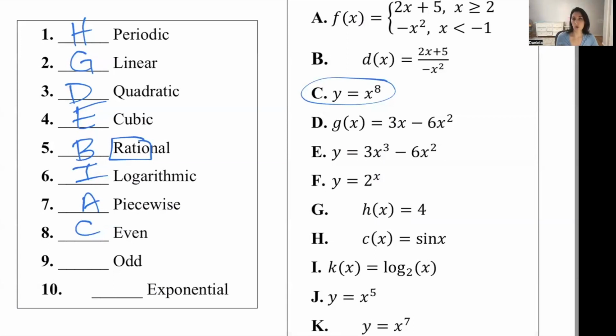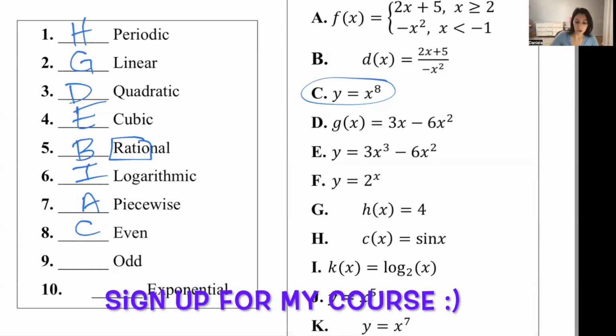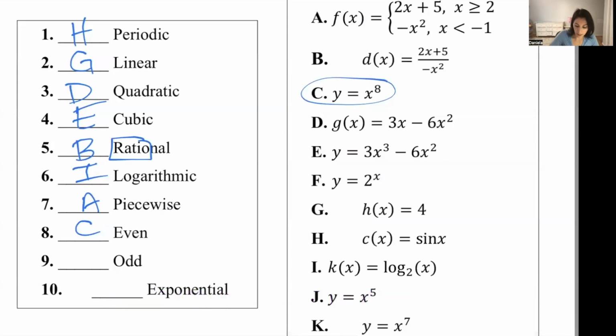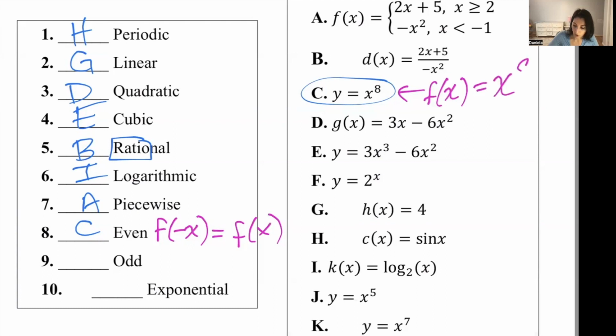But how are we supposed to know without graphing, right, that x to the 8th is an even function? So then we have algebraic definitions. So the even definition is if I were to substitute a negative x into the function and I simplify afterwards, if I get back the original function, that's the definition of even. So for example, in part C, that's the same thing as f of x equals x to the 8th. So now what happens if I substitute negative x?